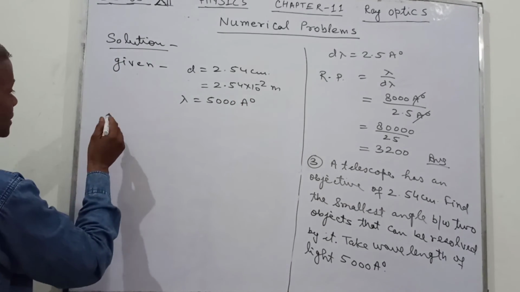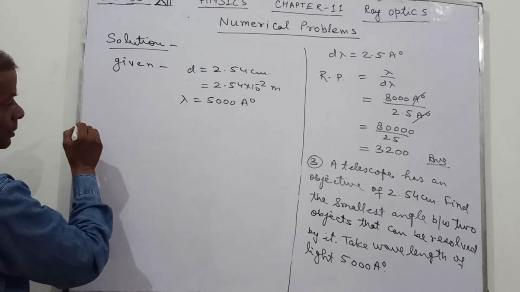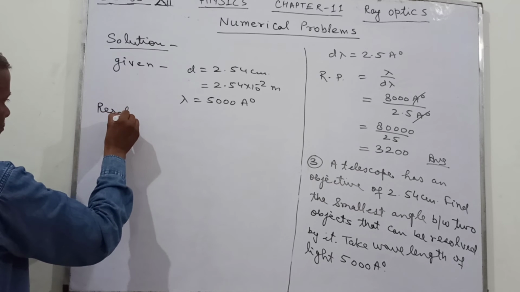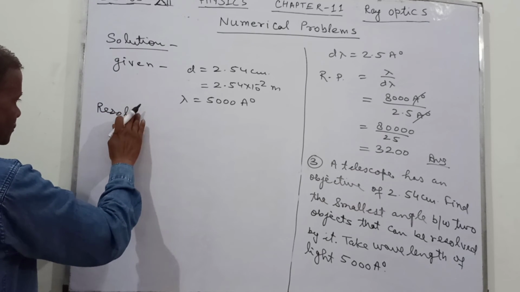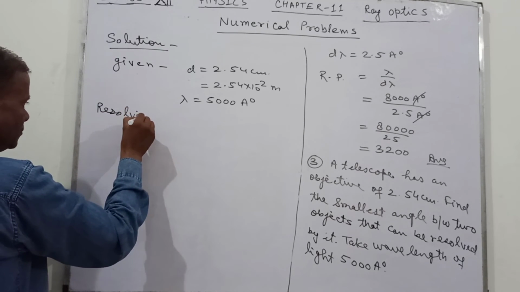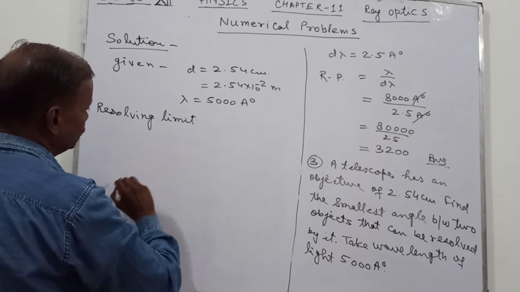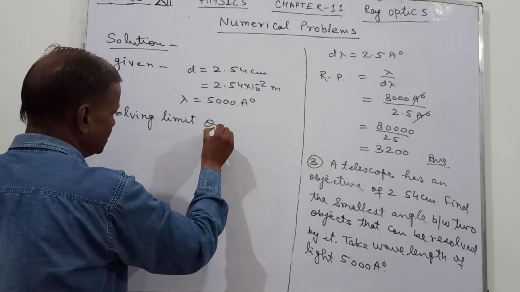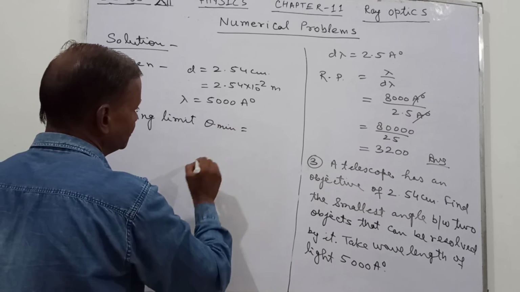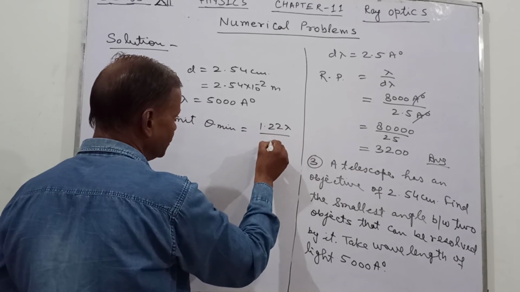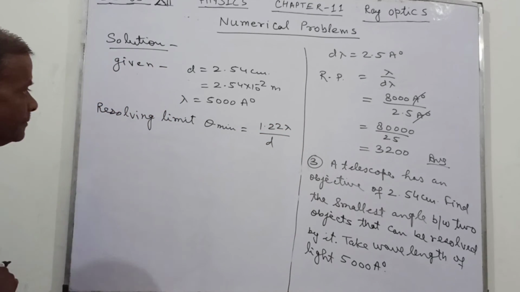Now we know that the smallest angle or the resolving limit theta minimum is equal to 1.22 lambda upon d. This is the formula.